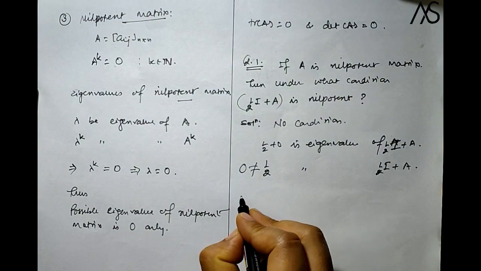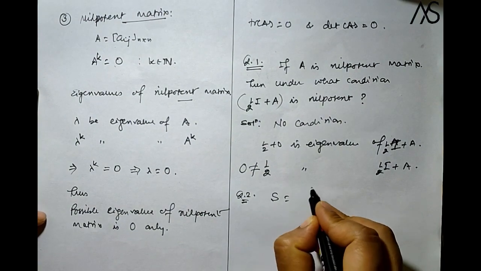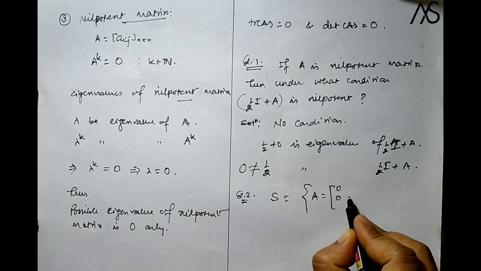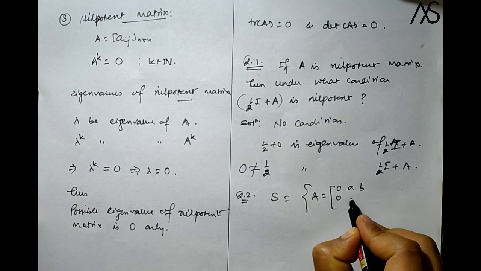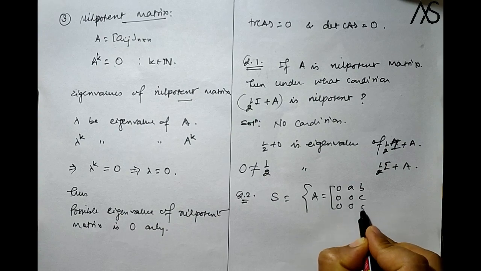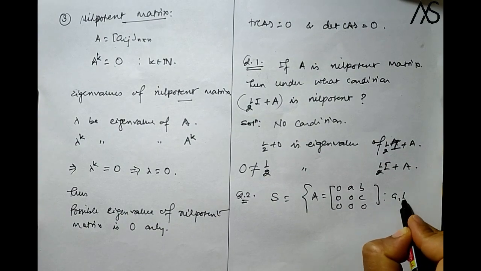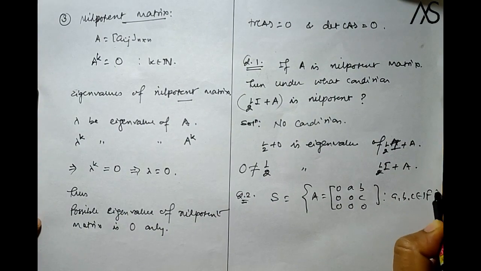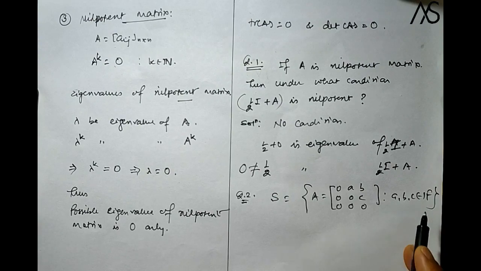So question number 2. If S equals the set of matrices such that a, b, c belong to a field. Field is the set of real numbers or complex numbers.